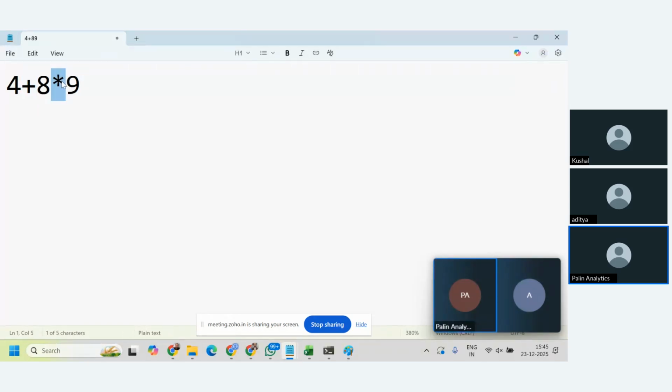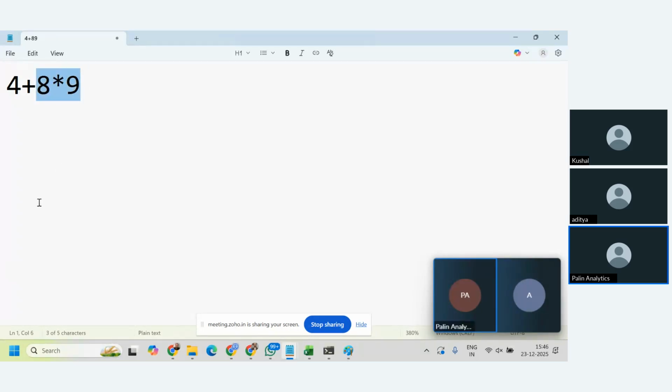As per our knowledge, how we calculate is, we search for these symbols first, and more than these symbols, we try to find the brackets, right? If a bracket is there, the bracket gets higher priority.